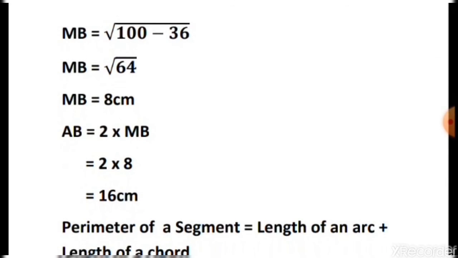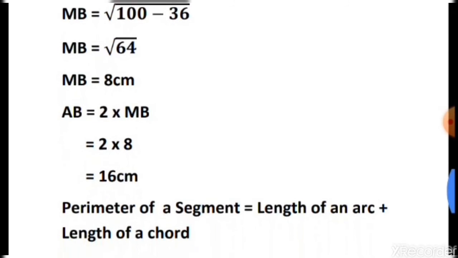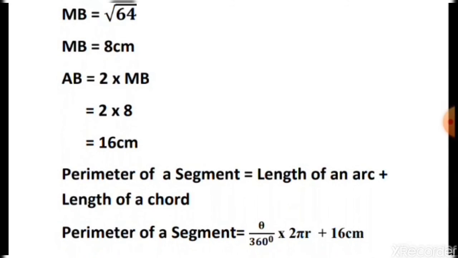But don't forget that the perimeter of a segment is equal to length of an arc plus length of a chord. Now that we have known the length of a chord, there is no need for us to make use of the previous formula for the length of a chord. We will just substitute directly into that, but the length of an arc is still theta over 360 times 2 pi r.